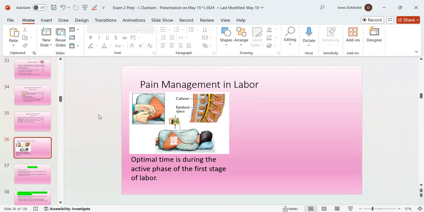Epidurals are great for labor pains. They do take away the entire pain of the contraction. Maybe they can feel a little pressure, but nothing more than that. Whereas if you give her pain medicine during the labor, she requests some pain medicine, the pain medicine doesn't take away the pain associated with the contraction.